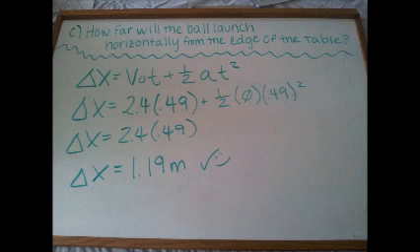So delta x equals 2.4 times 0.49 plus 1/2 times 0 times 0.49 squared. We're left with delta x equals 2.4 times 0.49. And we get a delta x of 1.19 meters. And that is how far the ball will be launched horizontally from the edge of the table.